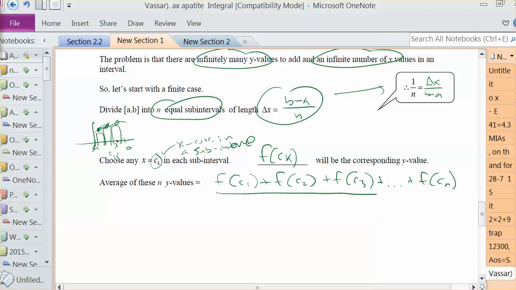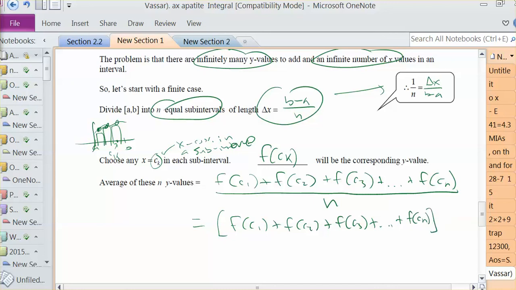And of course, all those y values divided by n, because that's the number of intervals I have. Using a little bit of nifty algebra, plus dot dot dot, times 1 over n.